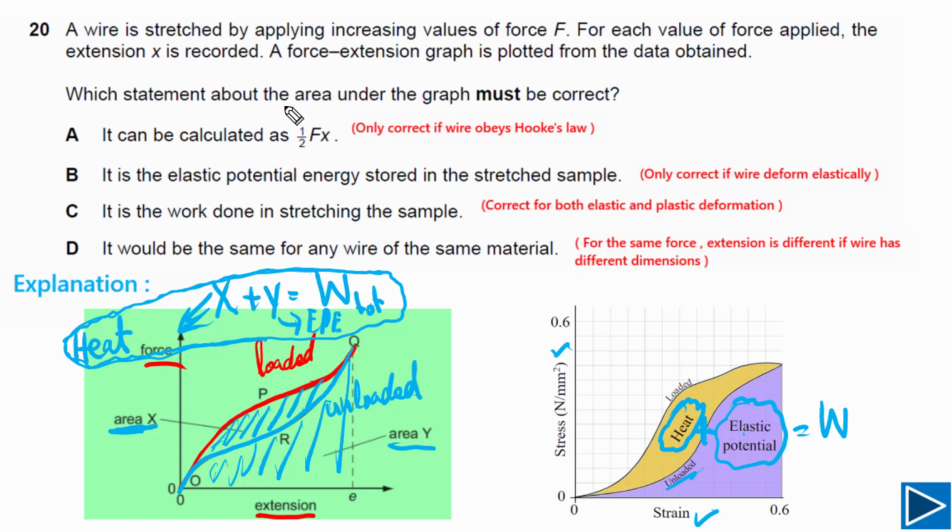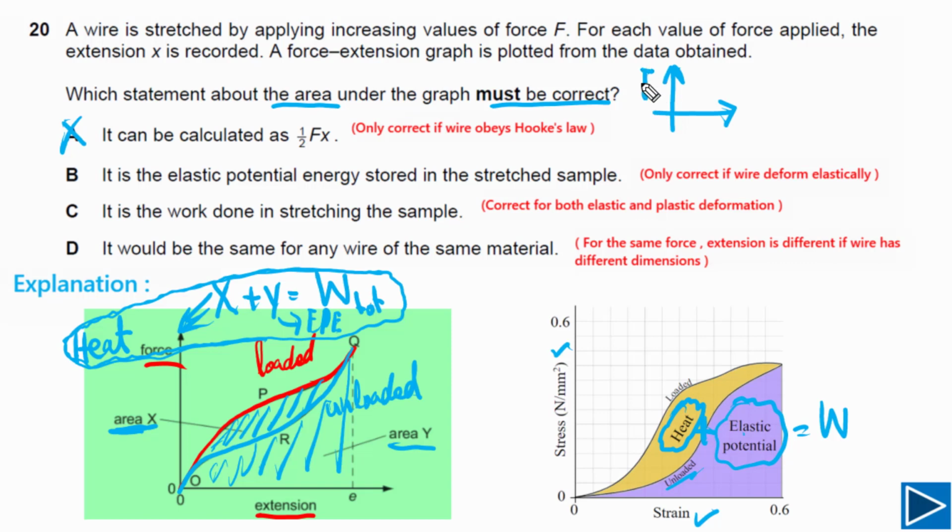We need to find out which statement about the area under the graph must be correct. If you look at the first one, it is telling us it can be calculated by 1/2 Fx. This is not true always. Why is it not true always? Because if the spring or wire does not obey Hooke's law, that will not be true.